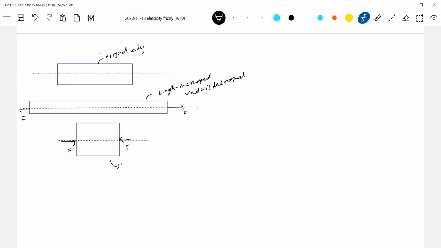Here what happened? Length decreased and radius increased. But overall volume of the body will remain the same. So shall I put volume as V naught? Fine. It can be either way.